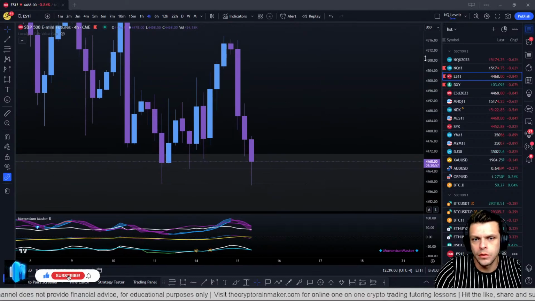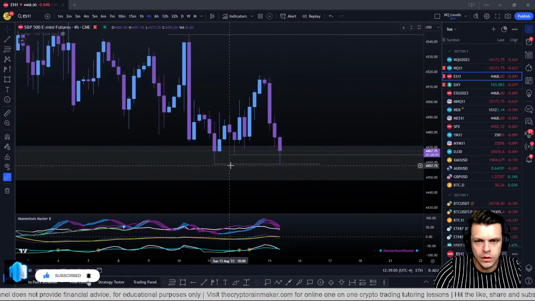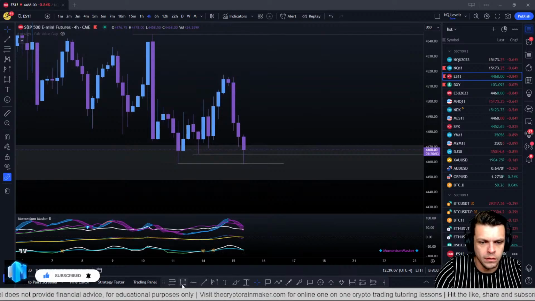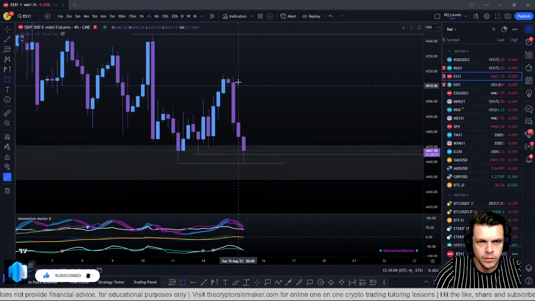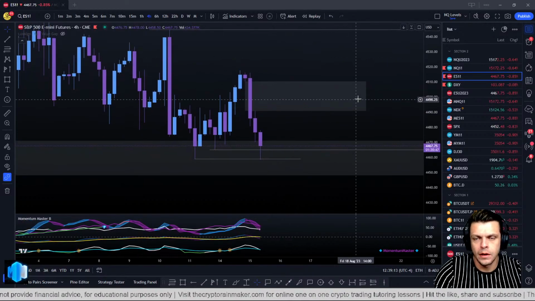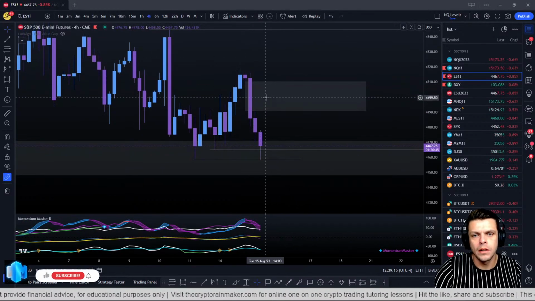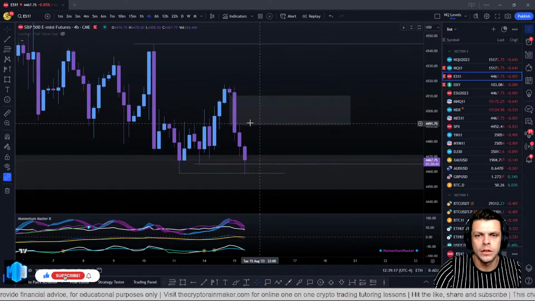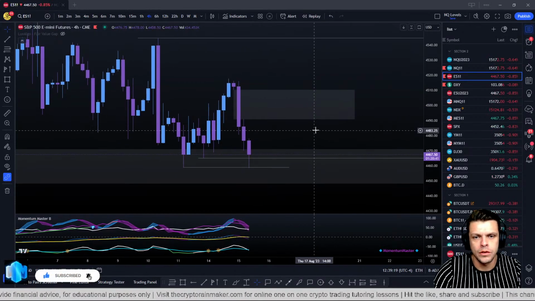So the sell side liquidity has been taken. Okay, and then we have this imbalance right here, which could potentially act as a magnet for price action.